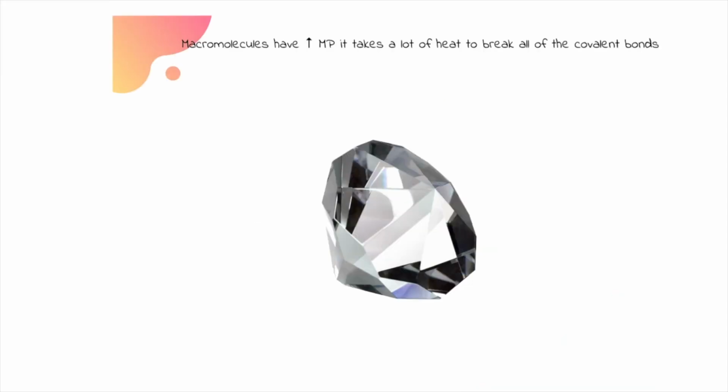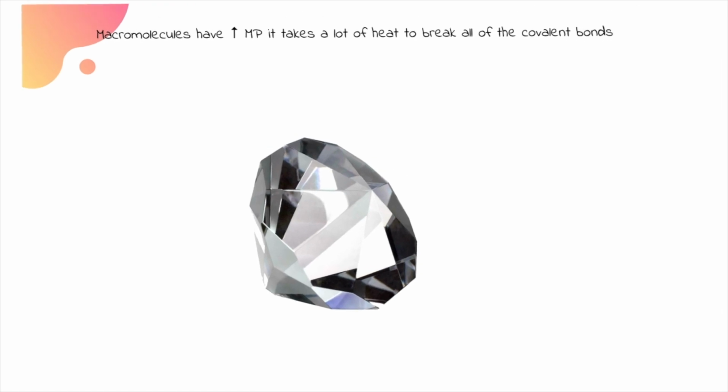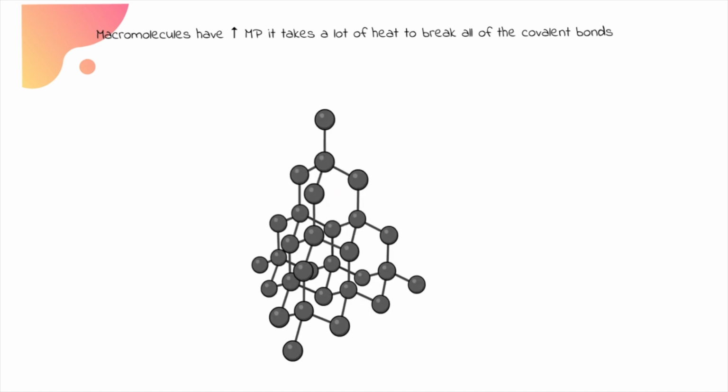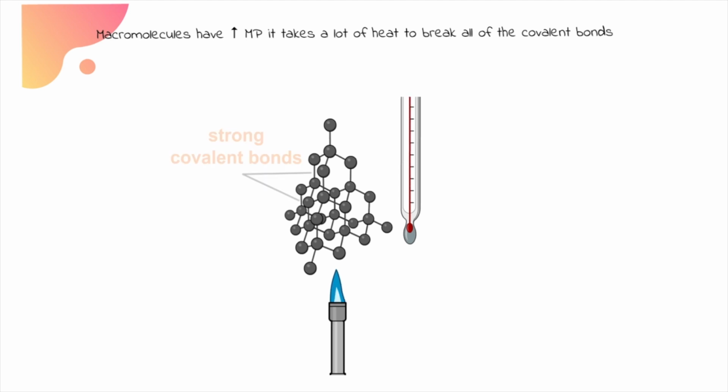So once again, we'll take a look at diamond here, and we'll try to explain why it has such a high melting point. In diamond, every carbon is attached to 4 other carbons. If you try to melt diamond, you really need to break every single one of those strong covalent bonds.